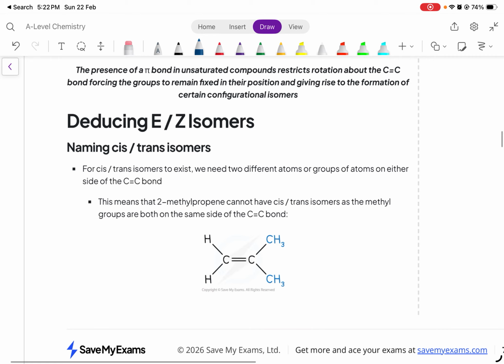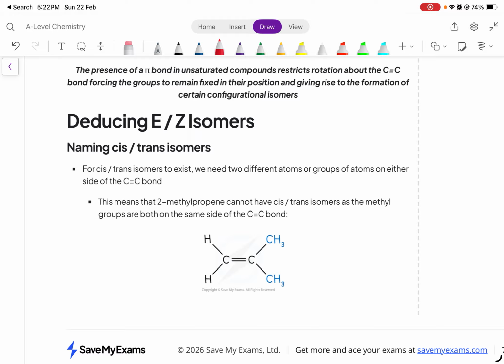Now, let's look at E and Z. So we are going back again. Before we even learn about naming, deducing our E and Z, we learned about cis and trans already. What about E and Z? When we see this kind, there are cases that cannot have cis and trans, right?